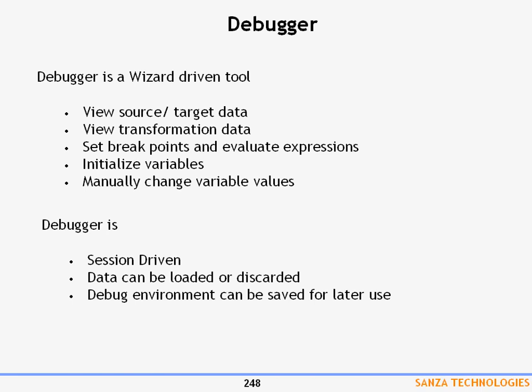So Informatica provides what we call a debugger. This came from version 5. I worked from version 4.7. Before 5, there was no debugger, so it used to be very difficult for us to understand where the mistake was. In debugger mode, you can view the transformation data.